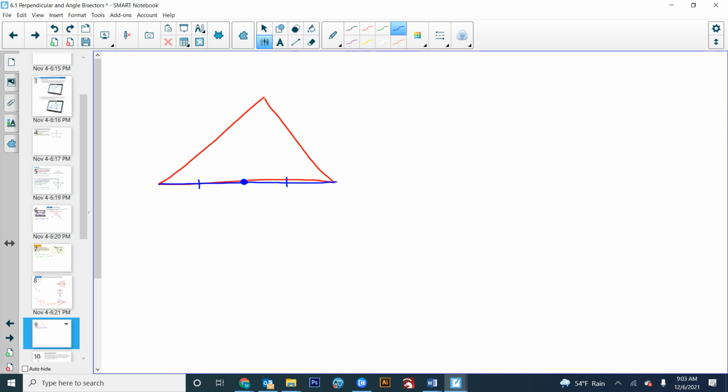If I draw the perpendicular bisector, wouldn't it be right there? Is this point on the perpendicular bisector? No. So this is not an isosceles triangle. That point is not equidistant to these vertices. It's not because it's not on the perpendicular bisector.